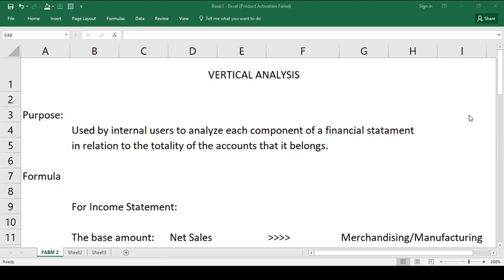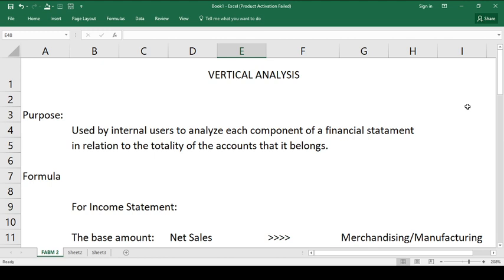So what is the purpose of having vertical analysis? The purpose of vertical analysis, this is used by internal users to analyze each component of a financial statement in relation to the totality of the accounts that it belongs.